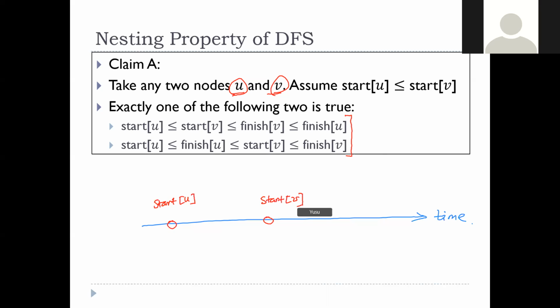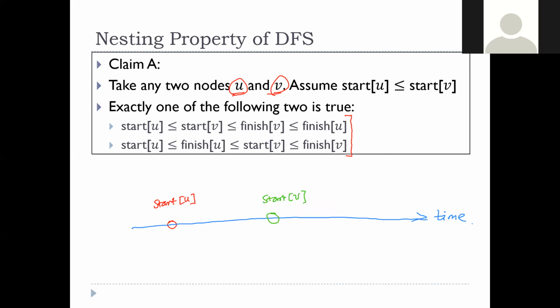Actually, let me use a different color for V. So this is start V. So where can their finishing times be?